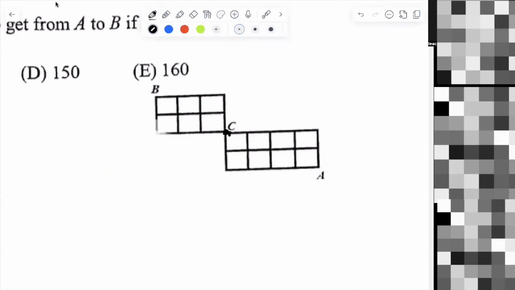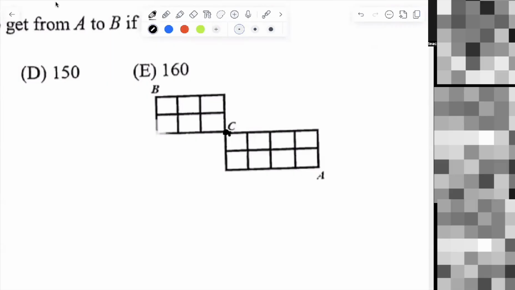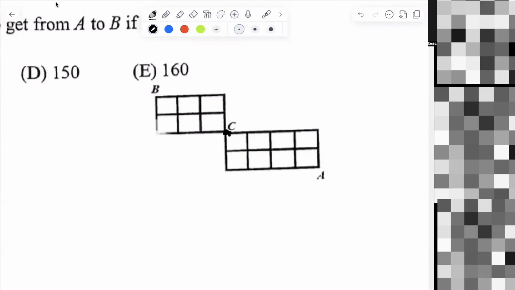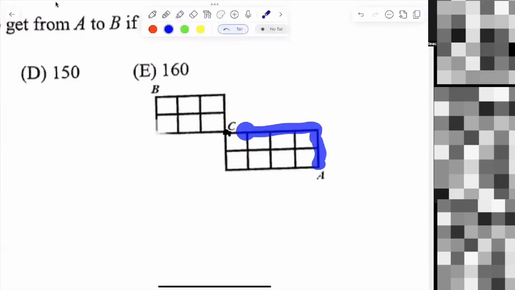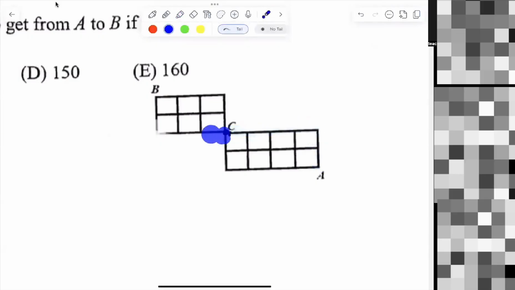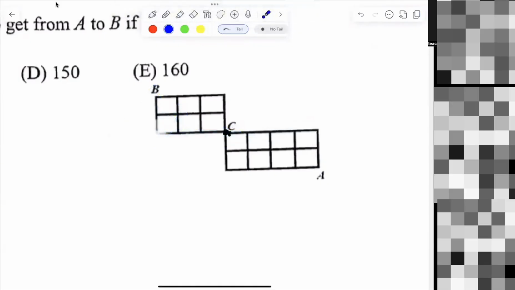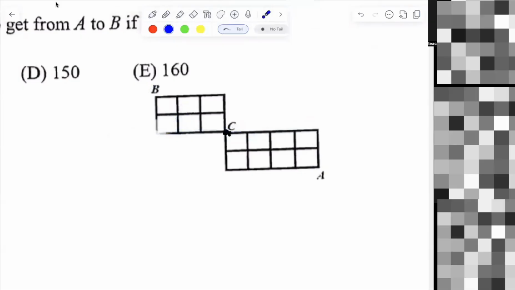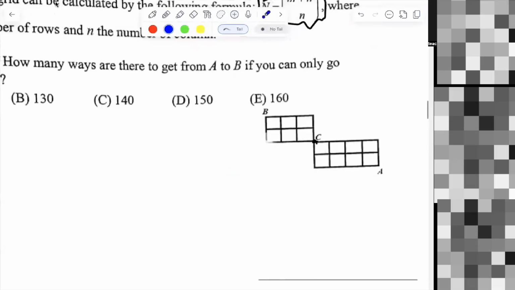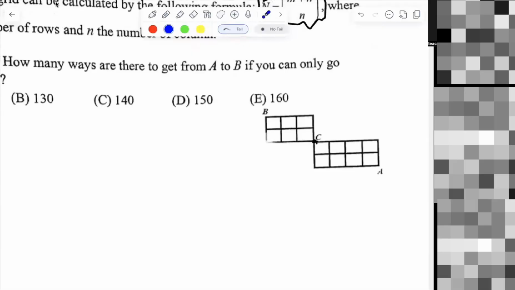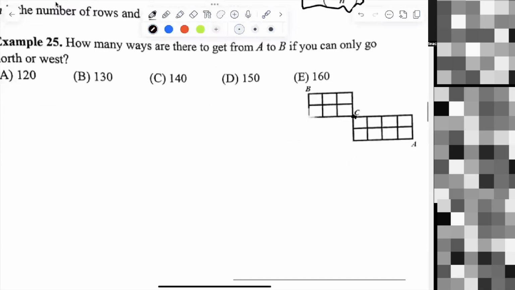First find the number of paths from A to C, and then multiply that by the number of paths from C to B. Why does that make sense? Because if I go from A to C like this, there are many ways I can go from C to B, like this. So for each choice from A to C, there's a bunch of choices from C to B. If we multiply the number of paths from A to C by C to B, we get all possible situations.